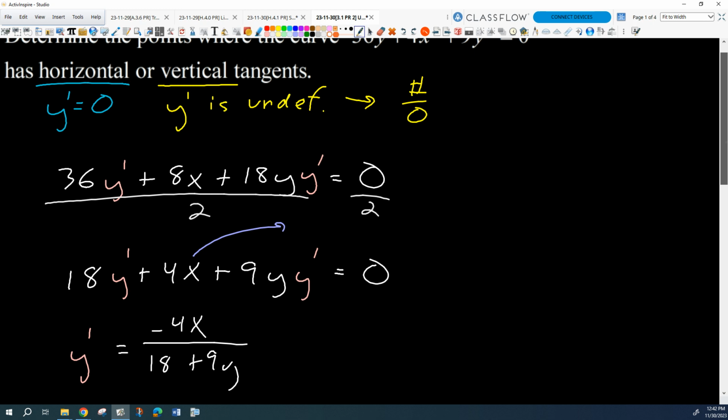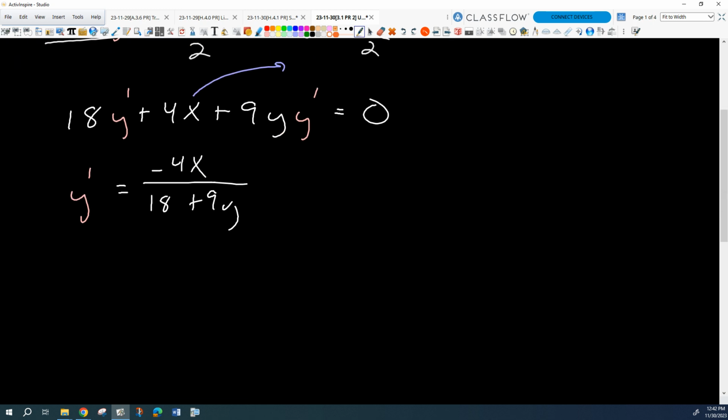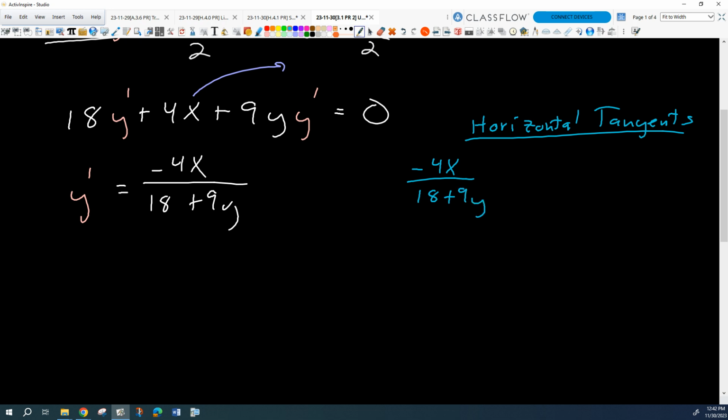Now let's go back to the question at hand. So where do we have horizontal tangents? For horizontal tangents, that's going to be where our derivative equals 0, right?